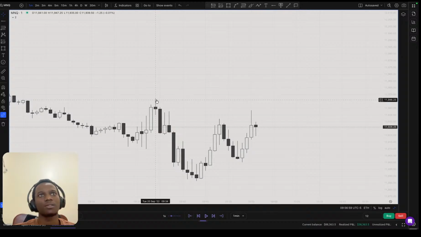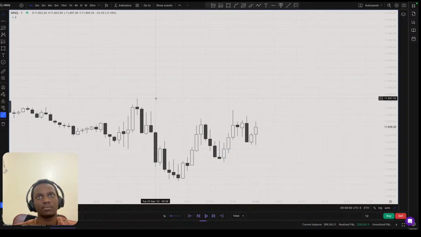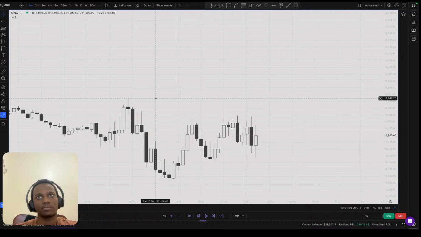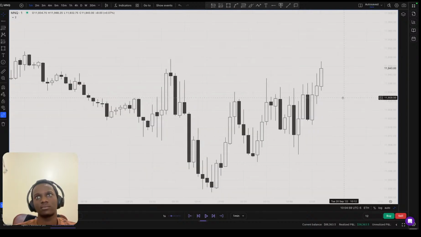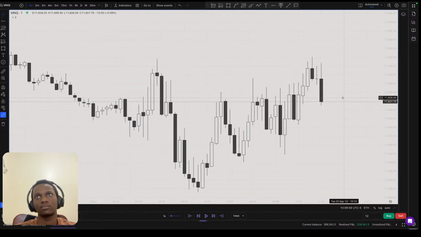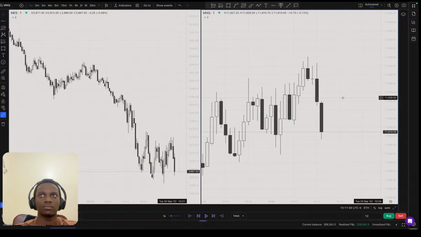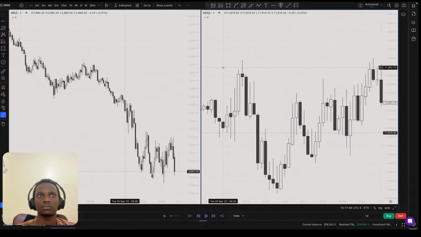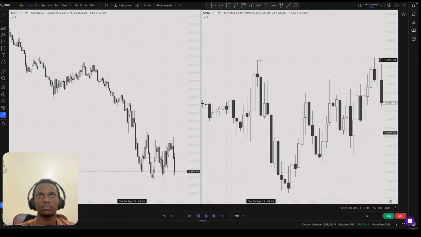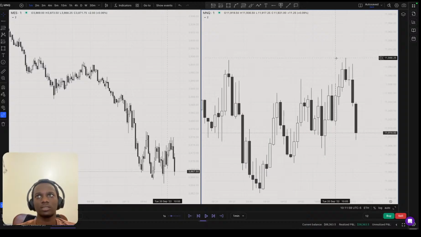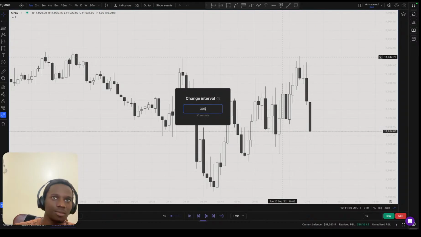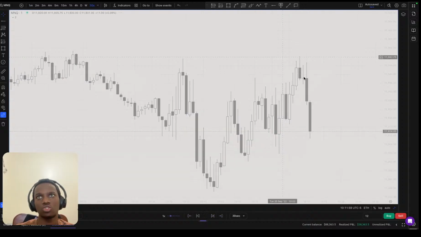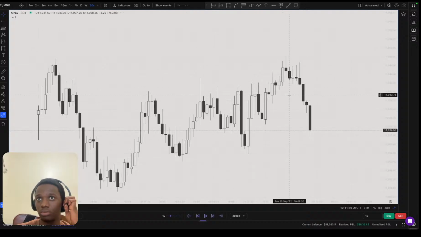$9.30 open high here. This is empty. So did the 30-second provide any shorts at this high? Nope. None.